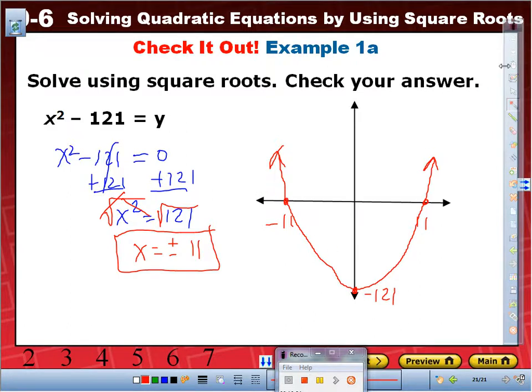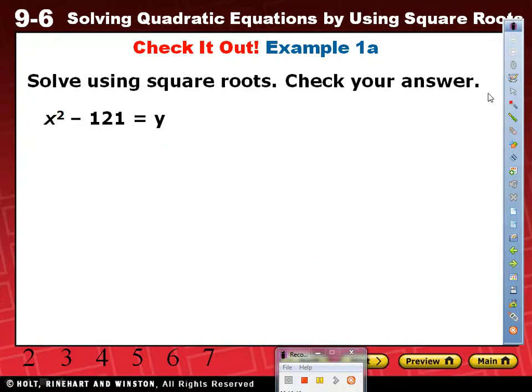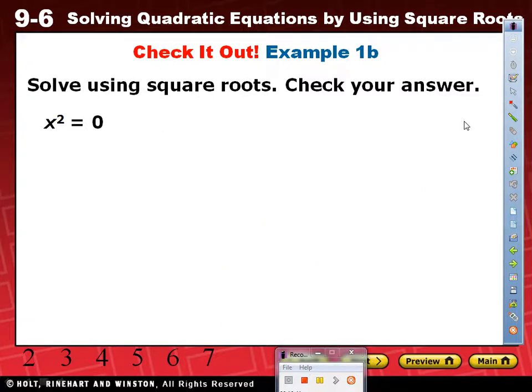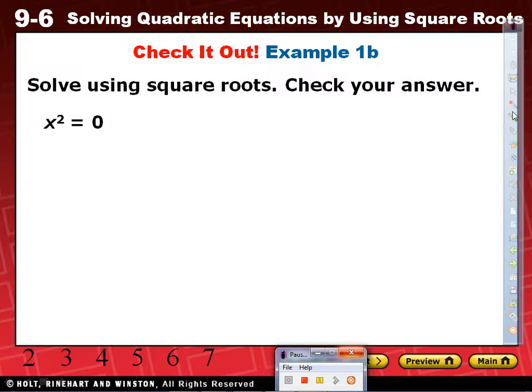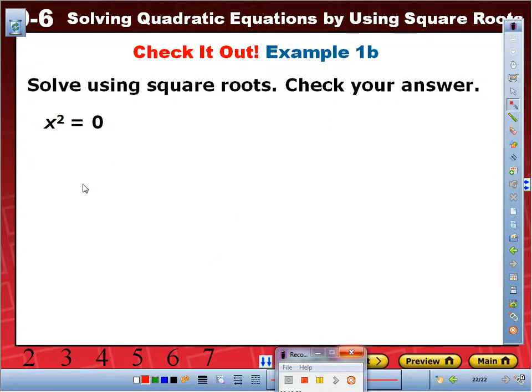So, copy this next one, please. Example number 1B. x squared equal to 0. There is a root. Let's see. How do we cancel this squared? Square root. This cancels this. x equal to 0. For those of you that cannot picture that, let me show you.